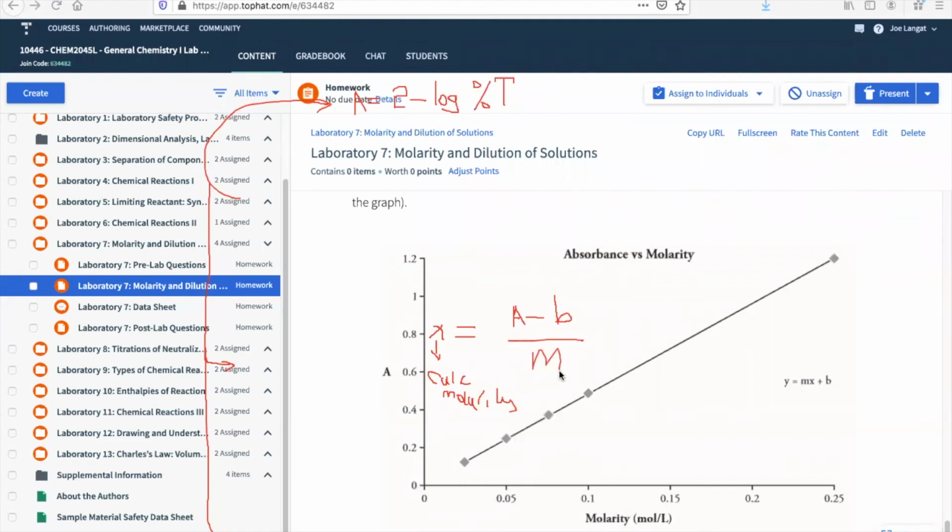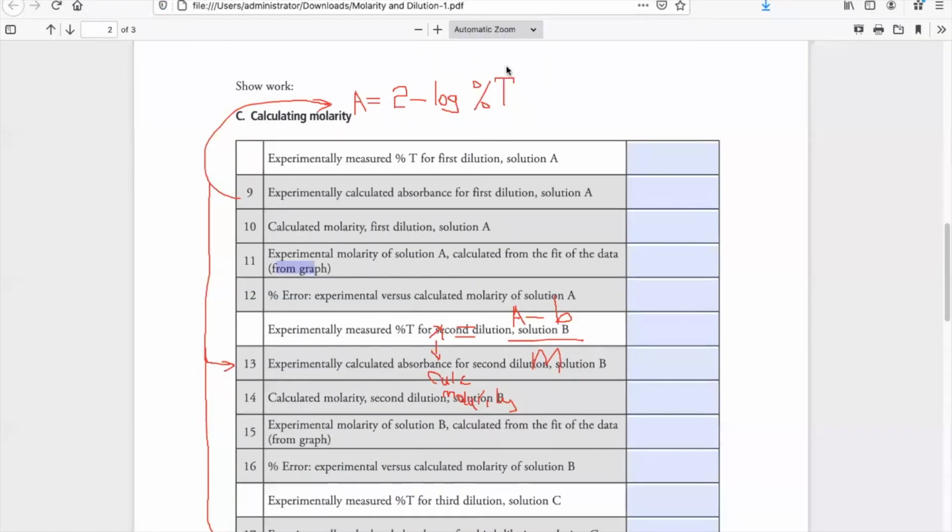M. So how is it going to vary from solution to solution? So if I know the absorbance from, let's say solution A here, we know experimental calculated absorbance. So if I know absorbance for solution A, I'll plug it in here.